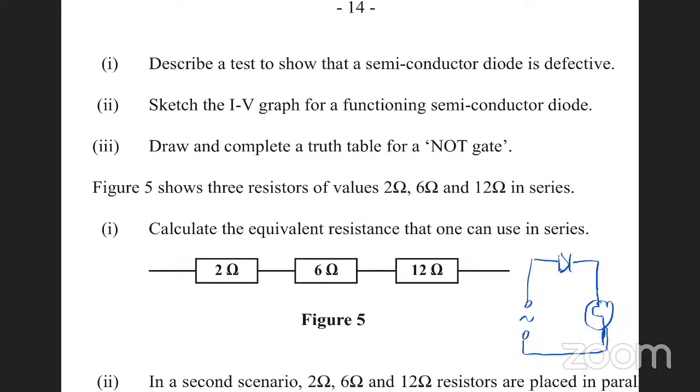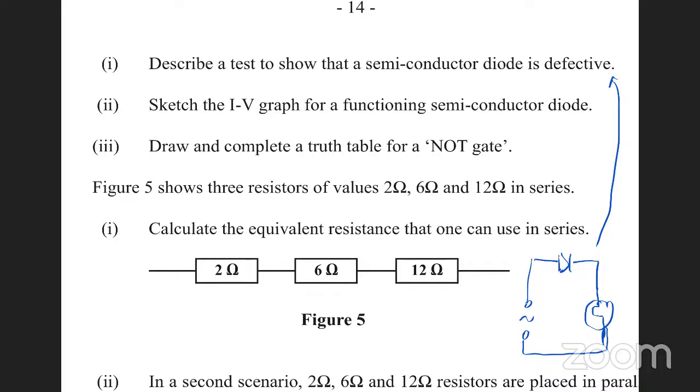Would it always light? Is that an alternating supply? It'll be on and off, on and off, on and off. But suppose the diode is not working. What will happen? It will stay off or probably stay on. Okay? So that simple circuit there could be used to determine if the diode is defective or not.